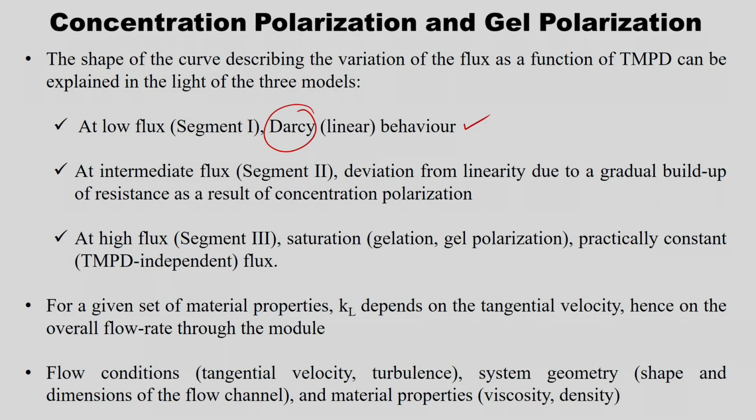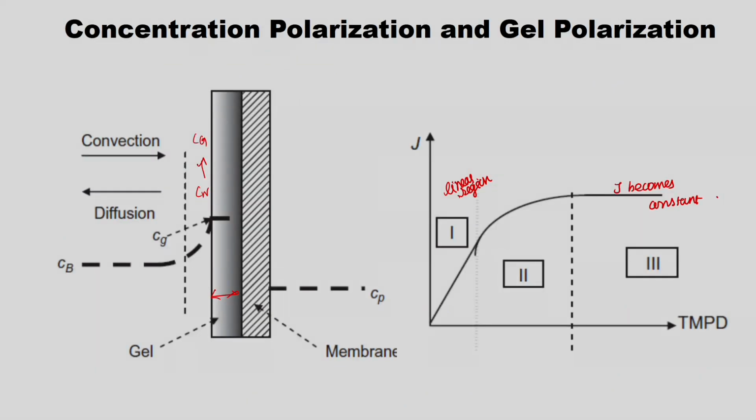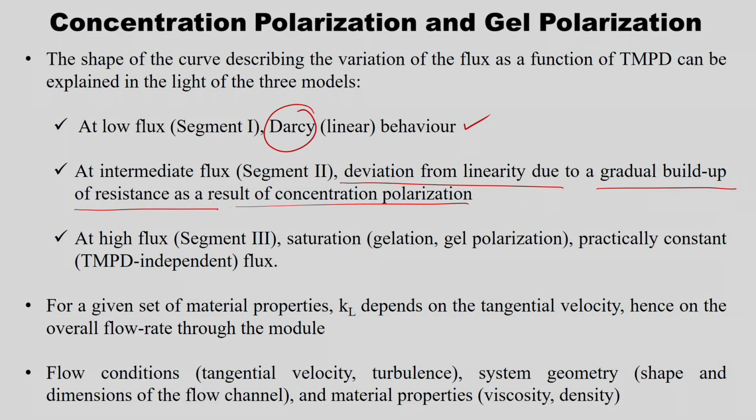The second is an intermediate flux segment, which is a deviation from linearity due to gradual buildup of resistance as a result of concentration polarization. The third one is the high flux, where it is getting saturated, and gel polarization is the reason for that.